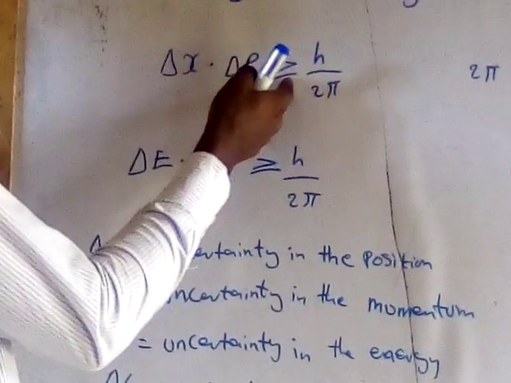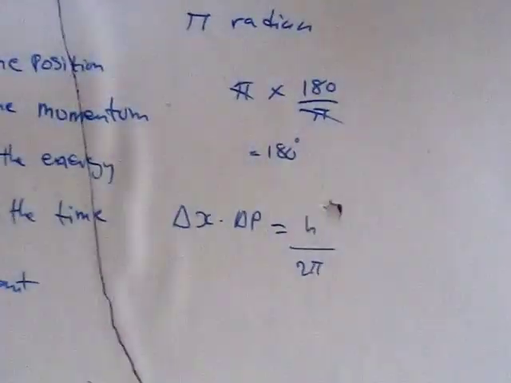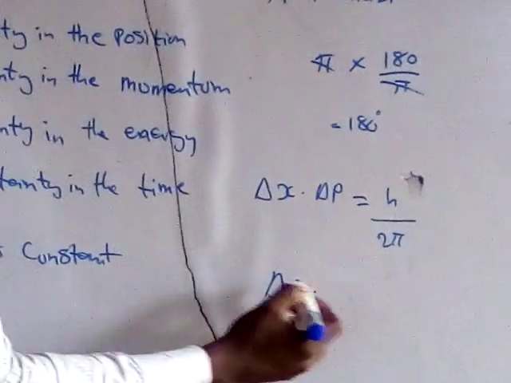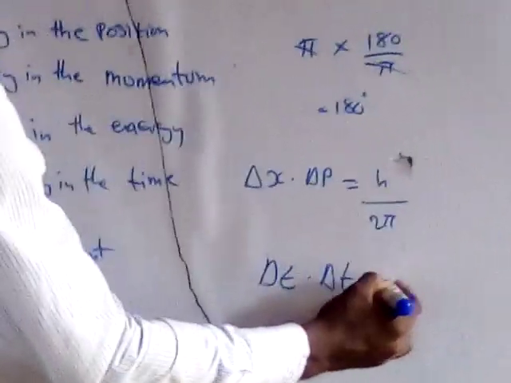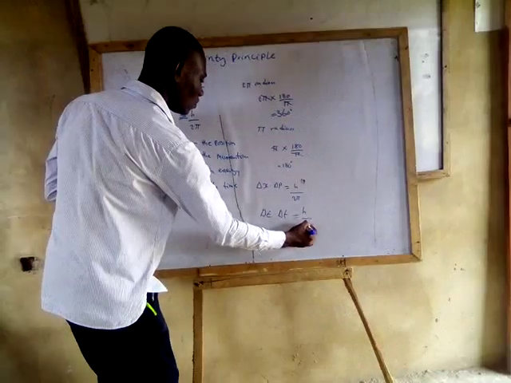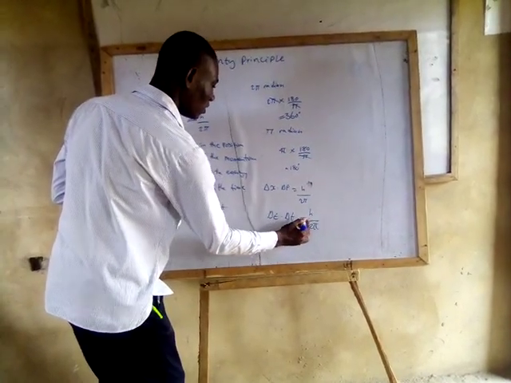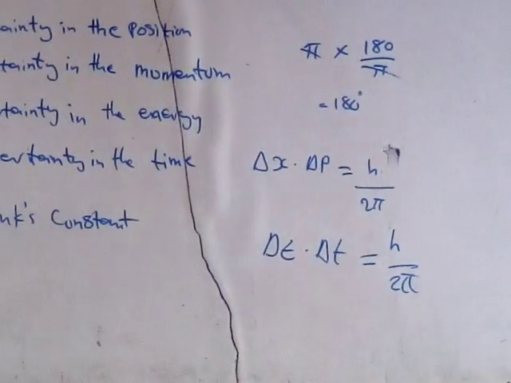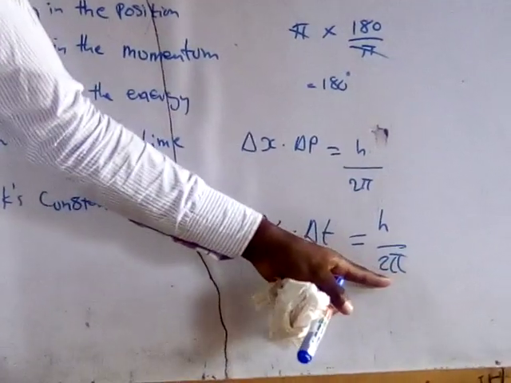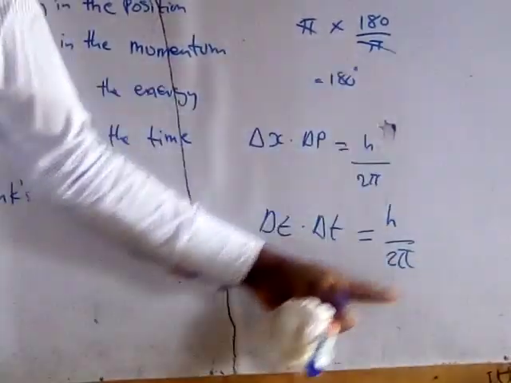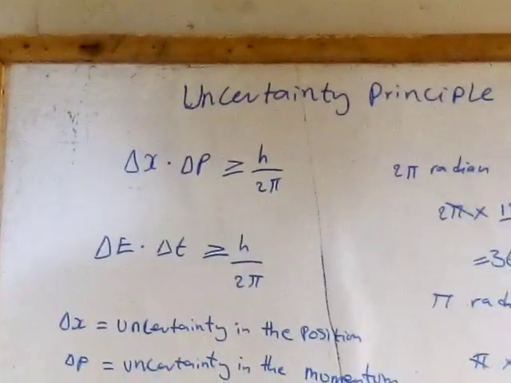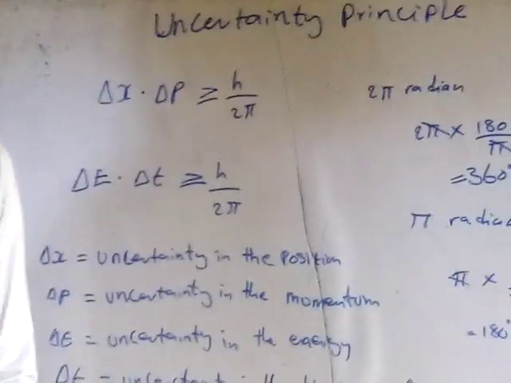Since it is greater than or equal to, it means that it can at the same time be equal. So in that case, we can as well say that change in E times change in t equals h over 2 pi. You have to remember that h here represents Planck's constant. And we have over 2 pi here.